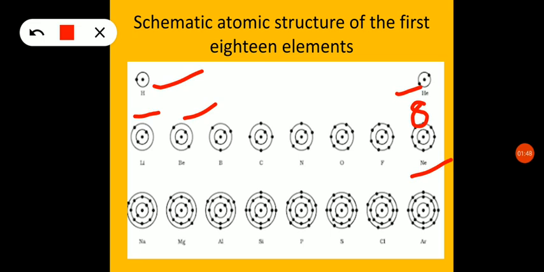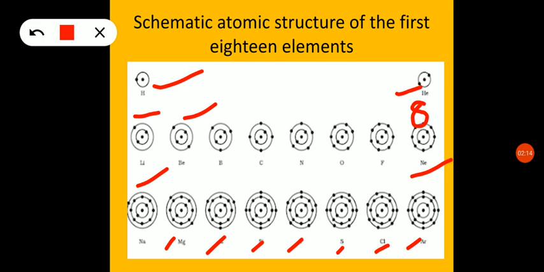If you see sodium, it has 3 shells. In the first shell, 2 electrons are filled, in the second shell, 8 electrons are filled, and in the third shell 1 electron is filled. Likewise, magnesium, aluminium, silicon, phosphorus, sulfur and chlorine all have 3 shells.